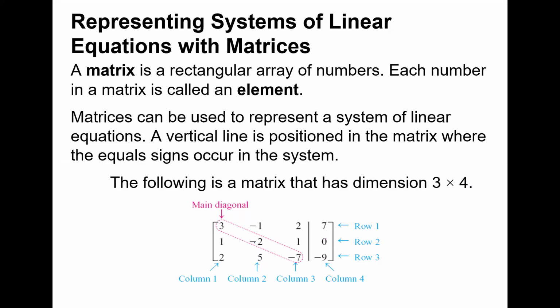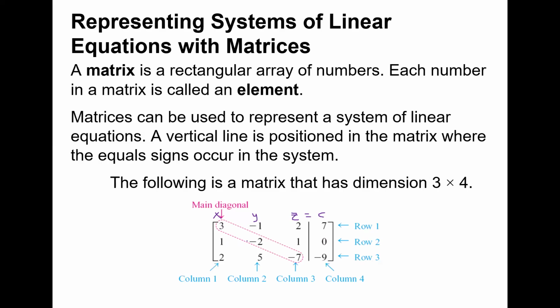Okay. Now, when we do this, this first column is usually going to be our x's, this is going to be our y's, this is going to be z, and again, that's equal, and this is just going to be our constant, so whatever our constant value is. And so this row says 3x minus y plus 2z equals 7.